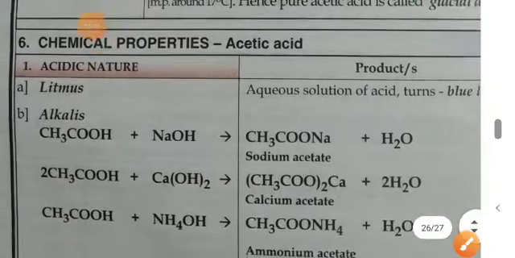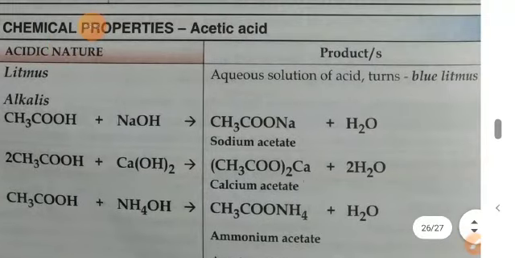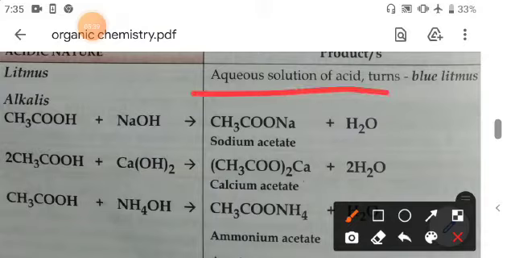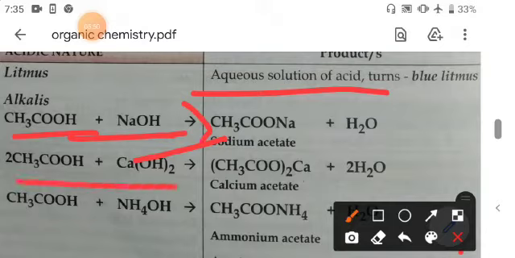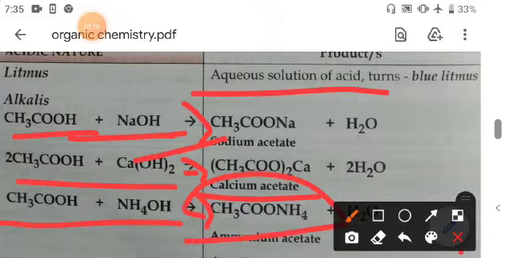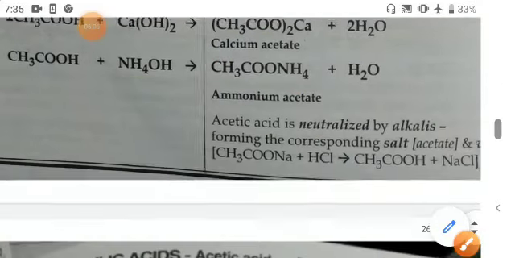Now chemical properties. Here, you know that this is an acid, so it will turn blue litmus paper to red. When it reacts with alkali, it gives sodium acetate, with calcium hydroxide it gives calcium acetate, and with ammonium hydroxide it gives ammonium acetate and water.